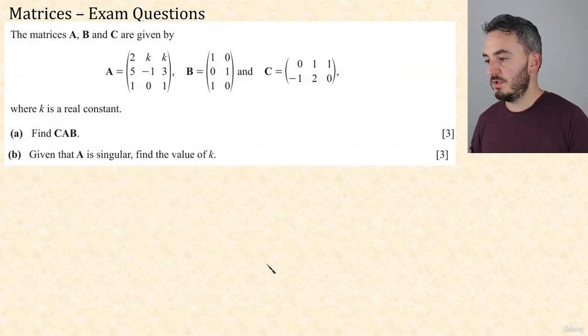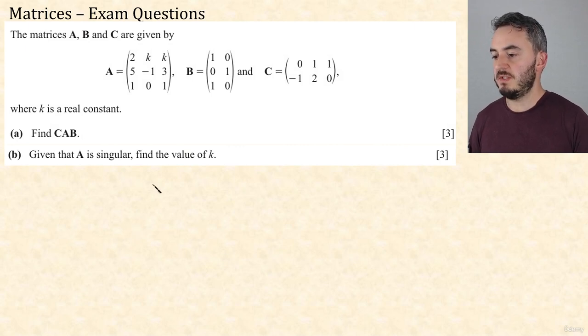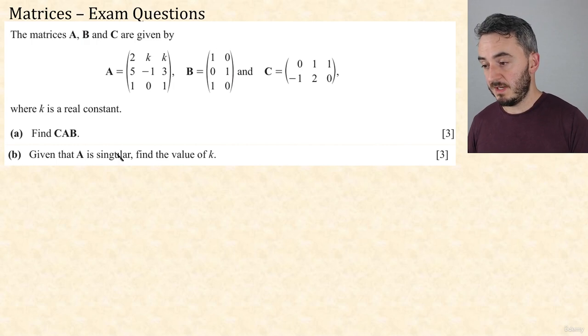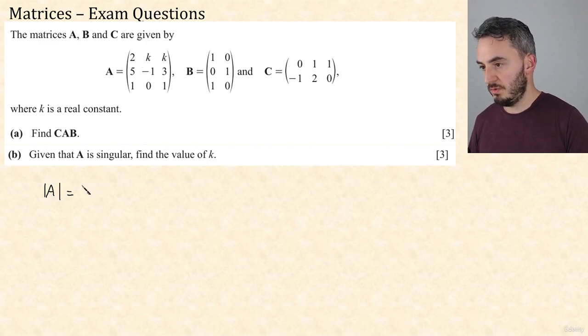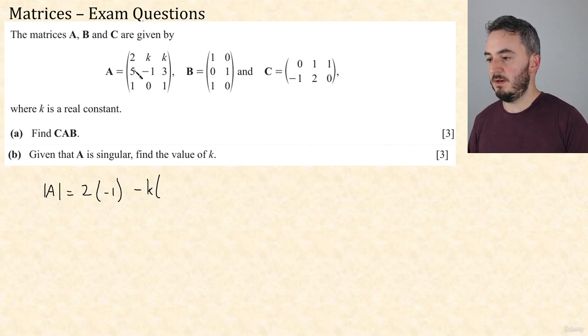Okay, on with question 2. So given that A is singular, find the value of k. All right, so if this is singular, it means its determinant is 0. So I just need to find the determinant of A. Working across the top, it is 2 times the determinant of this submatrix, which is minus 1 minus 0, so minus 1. Then it's minus k times the submatrix here, 5 minus 3, which is 2.